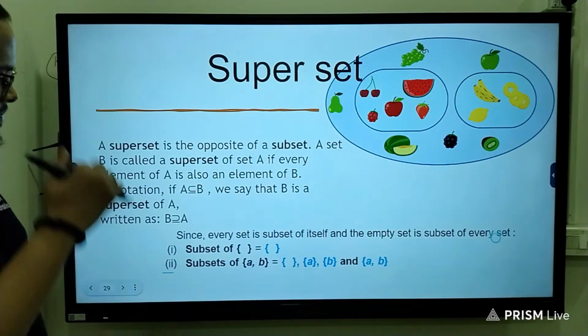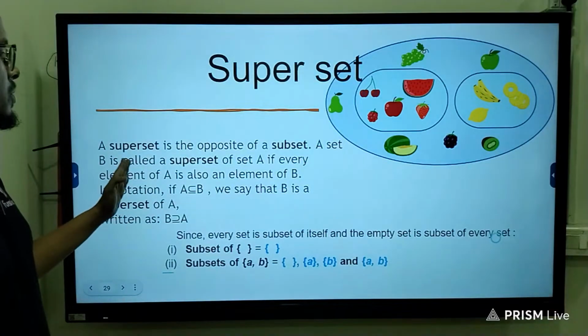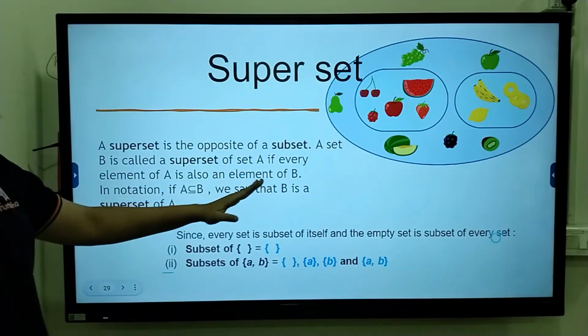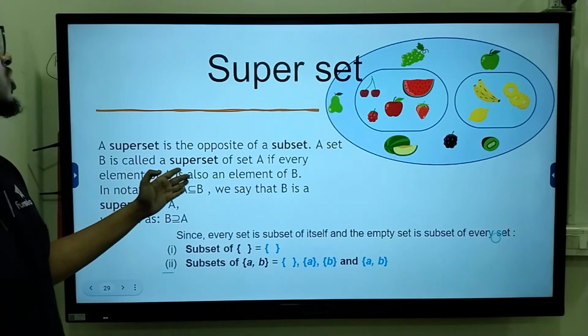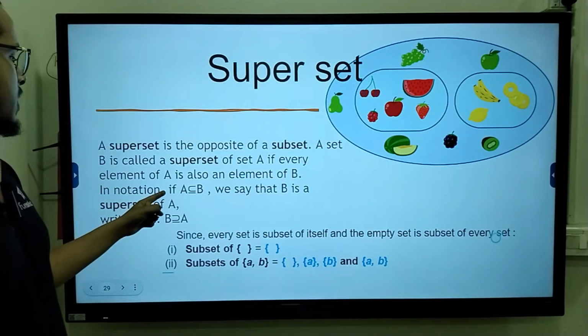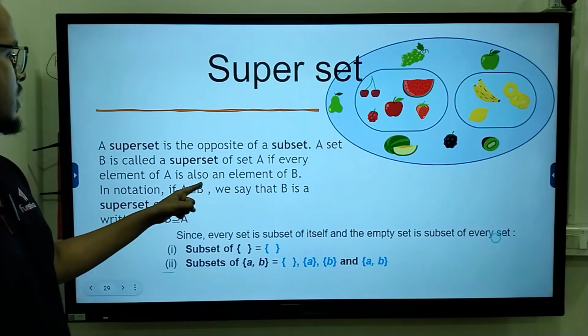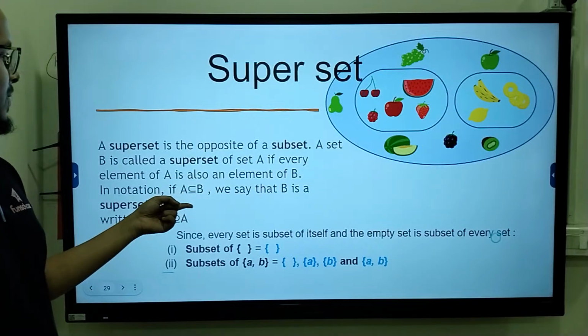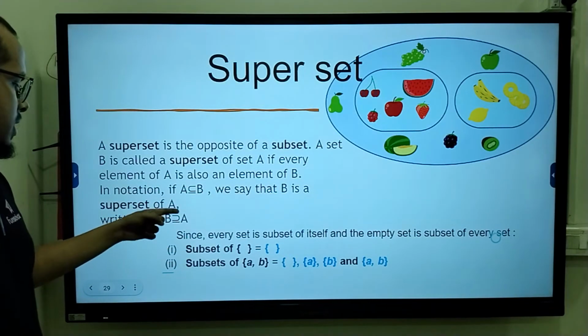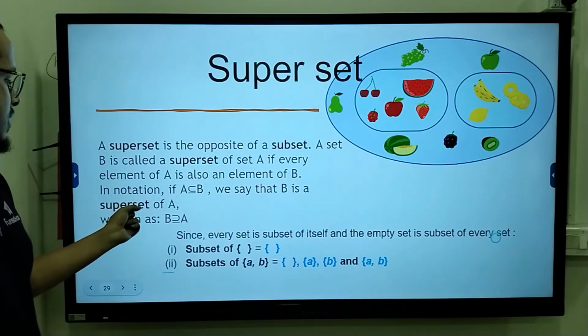Now superset. See, superset is the opposite of subset. A set B is called a superset of A if every element of A is also an element of B. In notation, we say that B is a superset of A, written with the reversed sign.